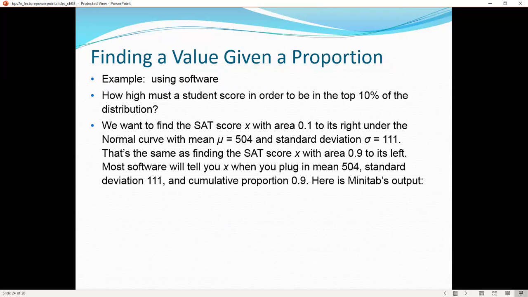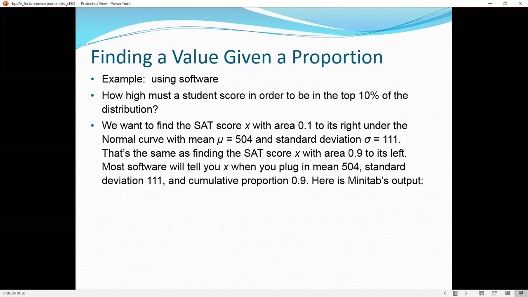That's the same as finding the SAT score X with the area 0.9 to its left. Most software will tell you X when you plug in the mean 504, standard deviation 111, and cumulative proportion 0.9.